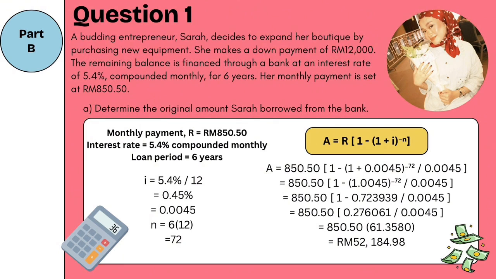A equals 850.50 multiplied by open bracket 1 minus open bracket 1 plus 0.0045 close bracket power negative 72 divided by 0.0045 close bracket. After calculating, we get approximately 52,184 ringgit and 98 cents. Therefore, the original amount Sarah borrowed from the bank is 52,184 ringgit and 98 cents.